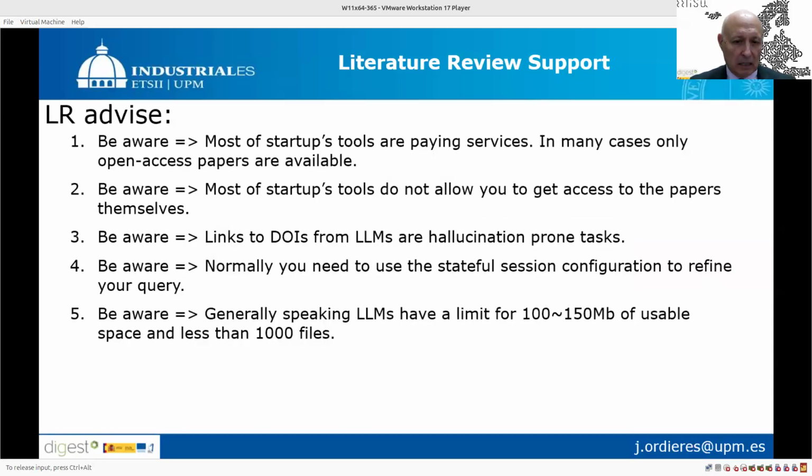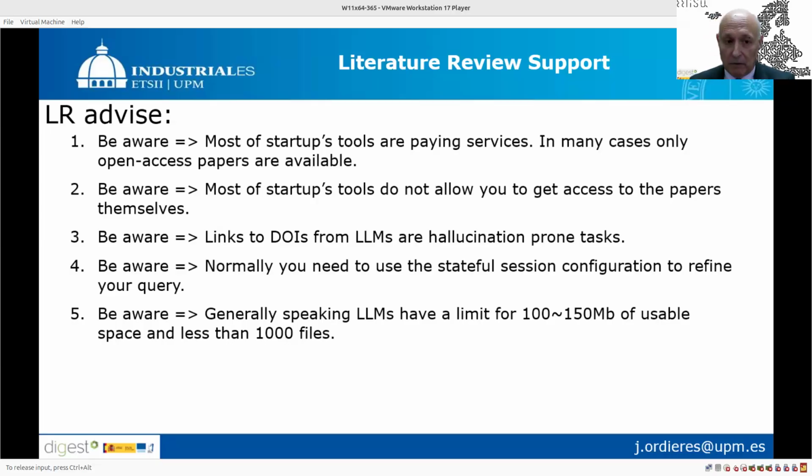Then some advice. Be aware that most of the startup tools are paid services. For instance, Elicit grants you one or two trials, and then you need to pay for the service. And in many cases, they use only open access papers as a valid source of knowledge.